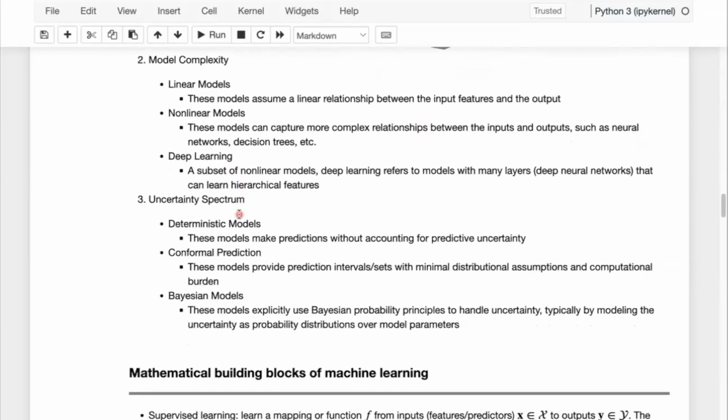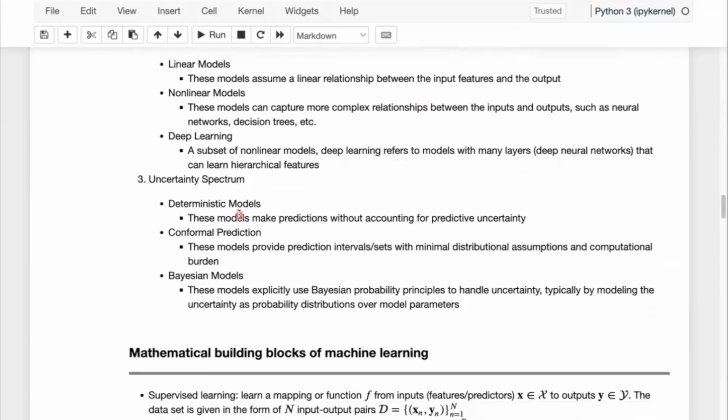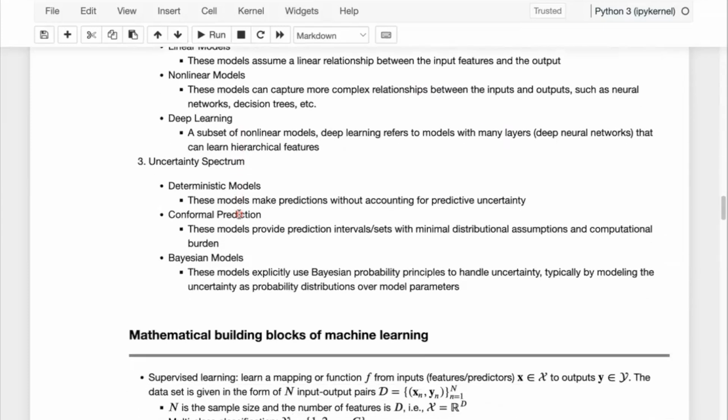There is also another way of categorizing machine learning algorithms based on the output that we get from them. So in most cases, especially what we cover in this course, we focus on deterministic models, meaning that if, let's say, you want to find mechanical properties of an item, you get a single number for that property that you're looking for.